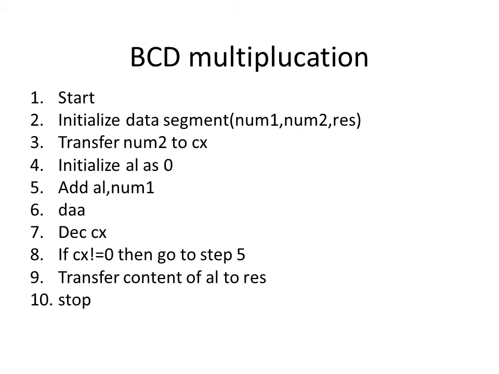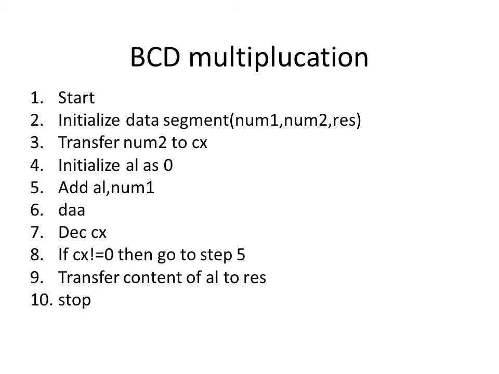We know that if we have numbers num1 and num2, and we want to perform multiplication of num1 and num2, the meaning of multiplication is that num1 should be added to itself num2 times, or num2 should be added to itself num1 times.